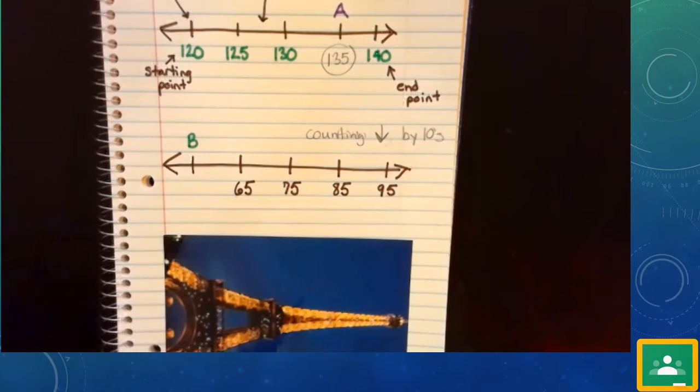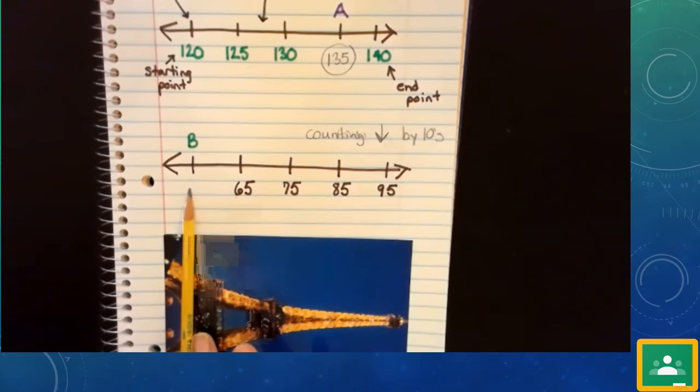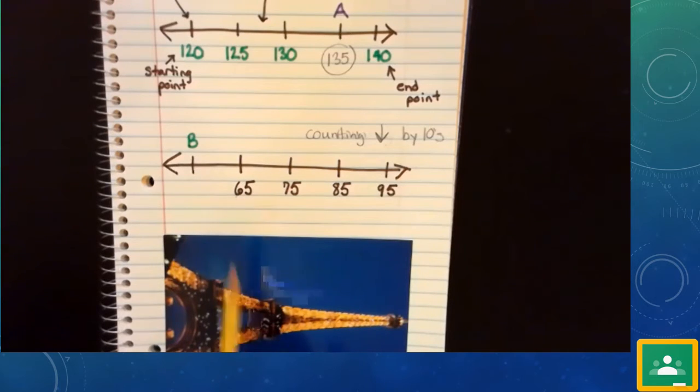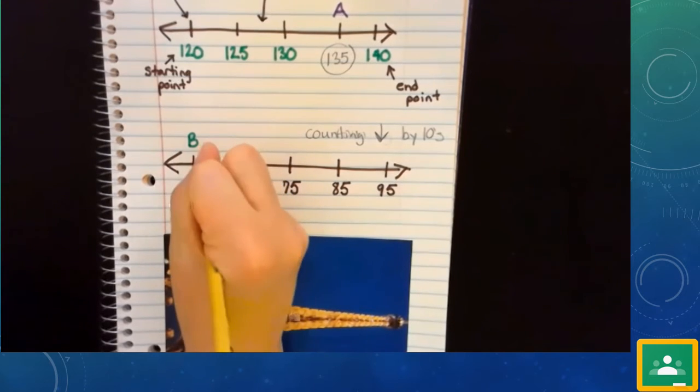But I'm not going to get to 0 yet because this number is just 110 less than 65. And 110 less than 65 is 55.